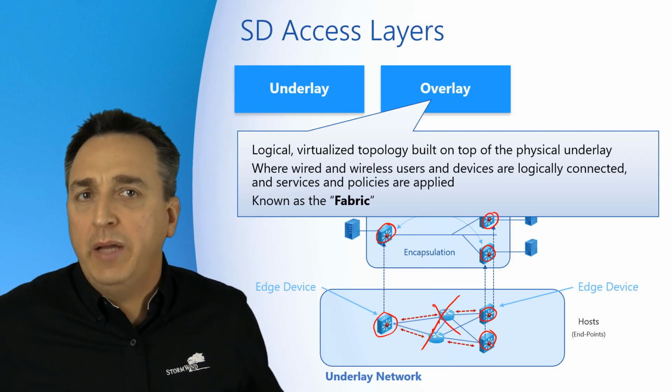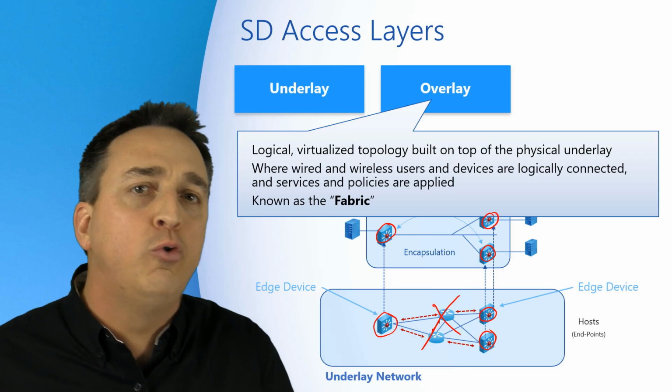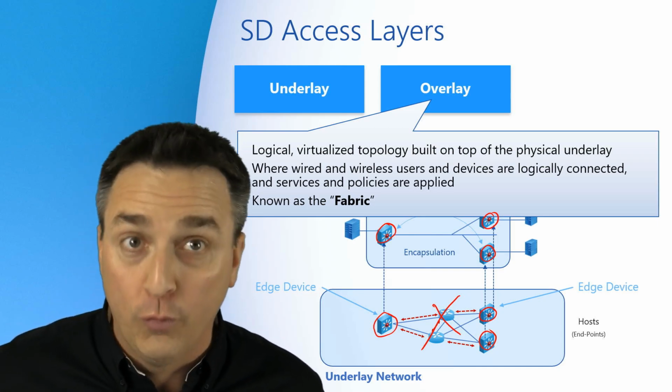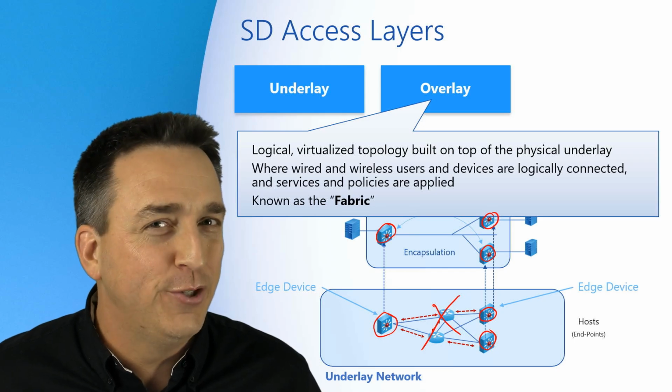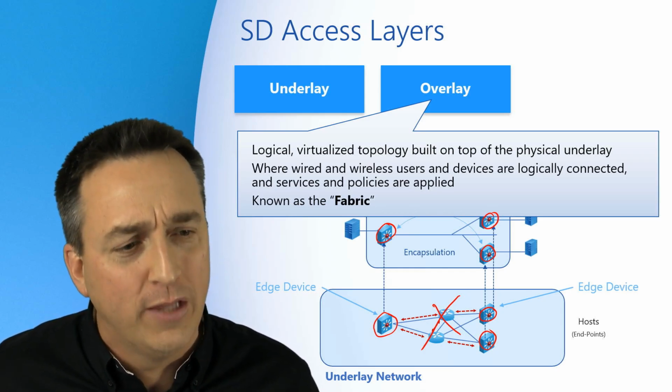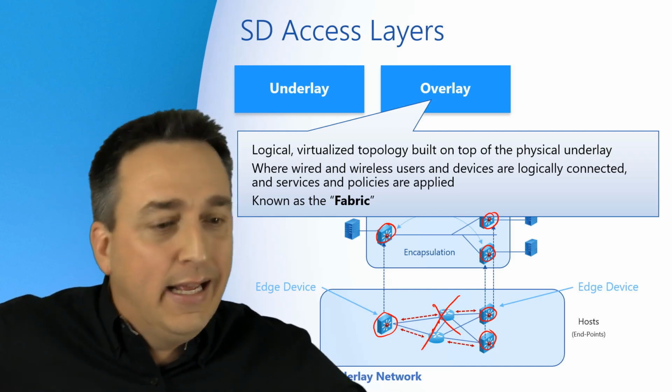So technically speaking, can we say that 802.1Q trunking is a type of overlay? What would you say? 802.1Q trunking, is that a type of overlay? Seems like it, right? Exactly.